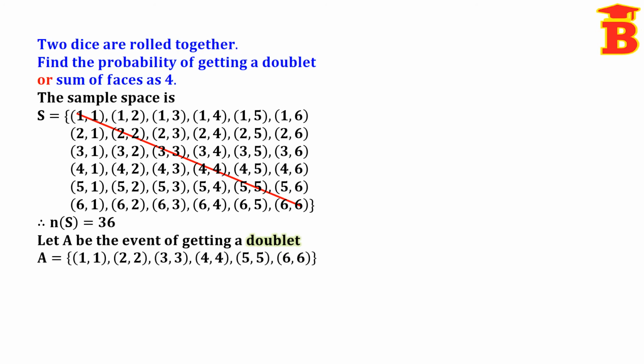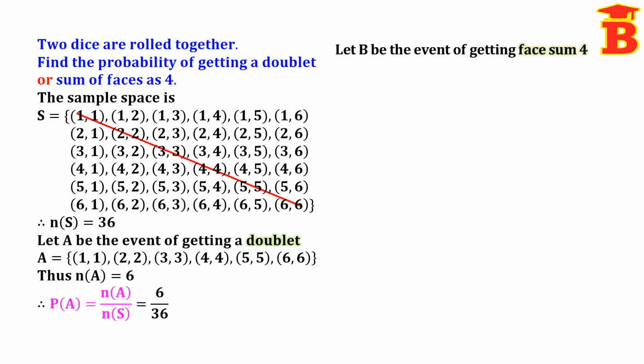So A equal to, take and write all the elements in this diagonal. Now count and write the elements. Totally there are 6 elements here. So n of A equal to 6. Now using formula P of A equal to n of A divided by n of S, that is equal to 6 divided by 36. Please don't cancel here. Finally, we can simplify this.